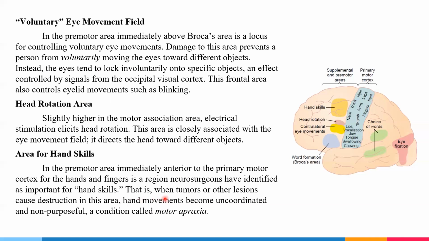That is, when tumors or other lesions cause destruction in this area, hand movements become uncoordinated and non-purposeful, a condition called motor apraxia. The hand skill area is shown in orange right here.